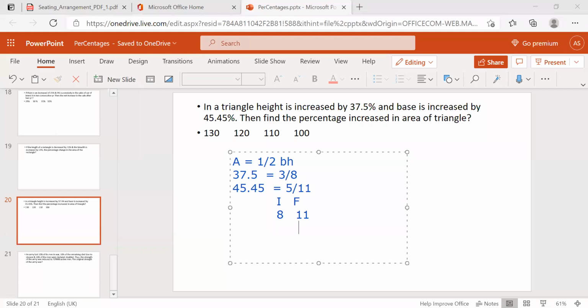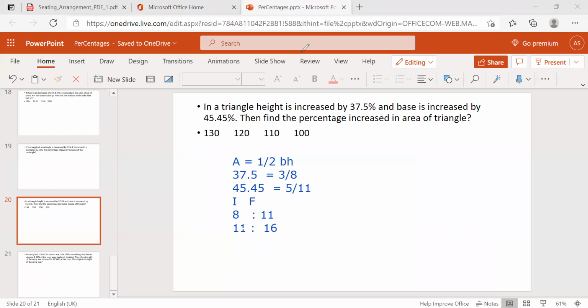But for the base, the initial value is 11 and the increased value is 11 plus 5, nothing but 16. Then we can cancel. The 11 and 11 get cancelled.